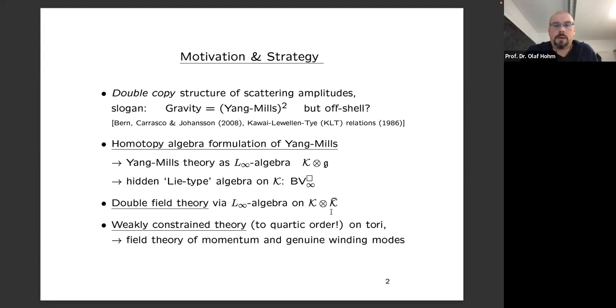I introduce a second copy. Instead of tensoring with the color Lie algebra g, I tensor with the second copy of the same kinematic algebra, which also has this Lie type structure. And on a suitable subspace, at least, I obtain an L-infinity algebra. An L-infinity algebra is something that encodes a field theory, and this is double field theory. At least we prove this to quartic order. The construction works to quartic order so far.